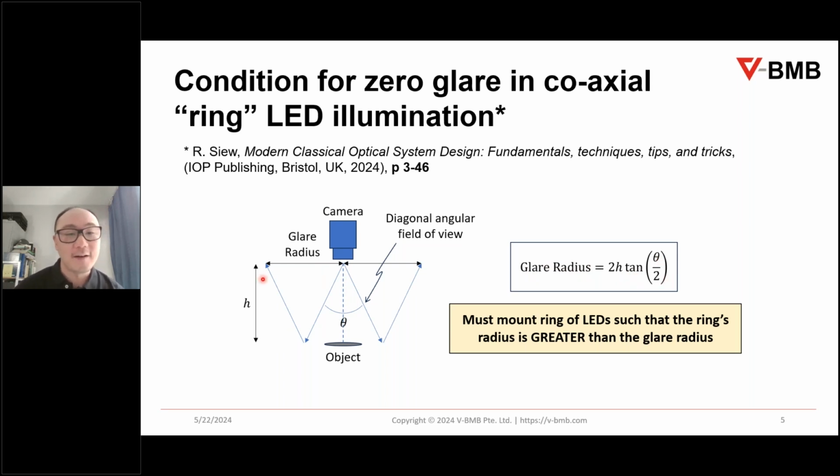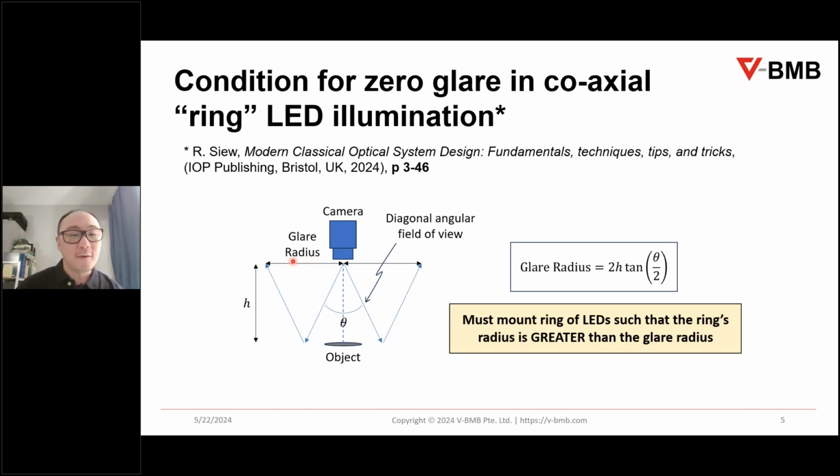Right? If you're not a lens designer, you can do this by trial and error. You situate your camera above the object, and then put the light source away. If you put it right next to the camera, you'll see the light source, if you've got a non-diffuse surface on the object, for example a glossy magazine cover that you're imaging. Of course, you can put polarizers, but that will make the whole scene darker.